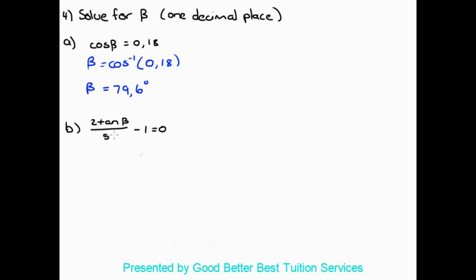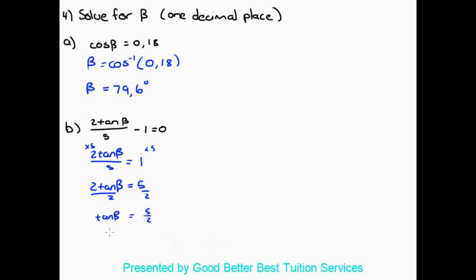Then we're looking at 2 tan beta over 5 minus 1 is equal to 0. So all we need to do is first get the fraction by itself, so we take that 1 over, so we have 2 tan beta over 5 is equal to 1. Then we need to get the 2 tan beta by itself, so we have to get rid of the fraction, so we times by 5 on both sides, so we get 2 tan beta is equal to 5, and then to get the tan beta by itself we divide by 2 on both sides, so we get tan beta is equal to 5 over 2.